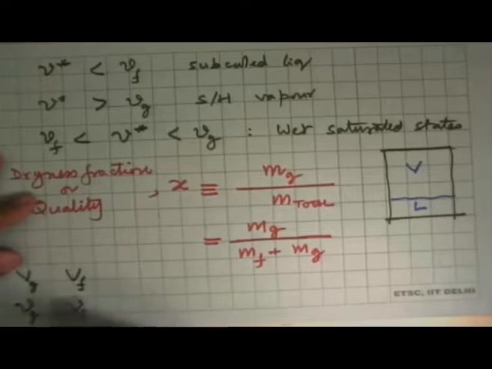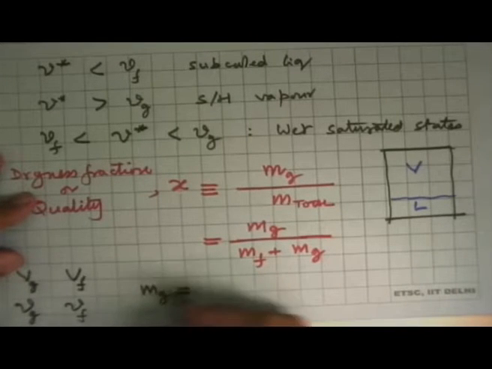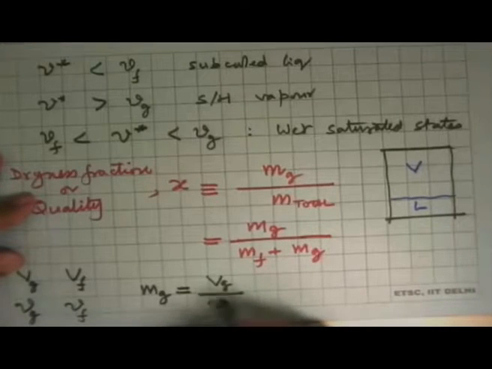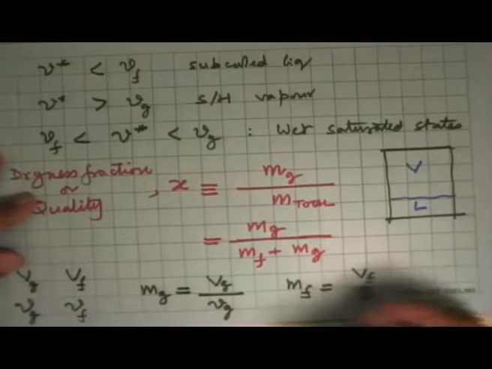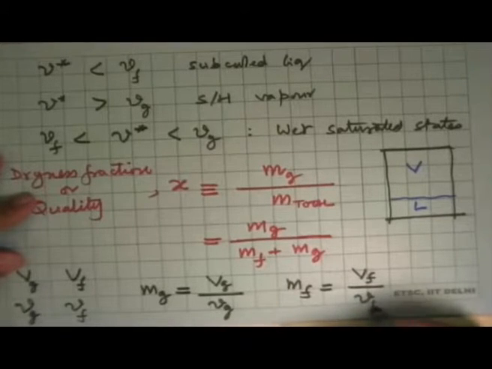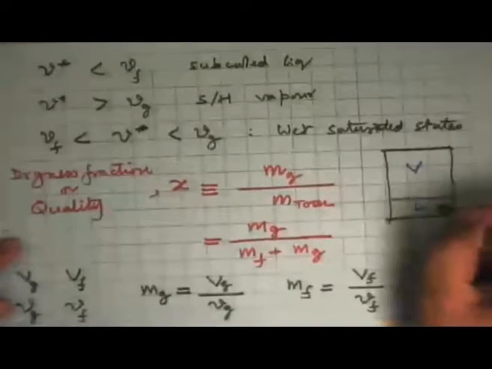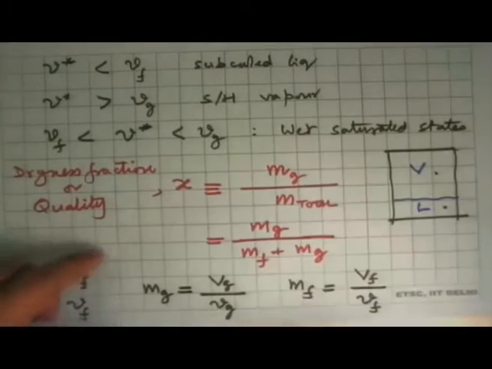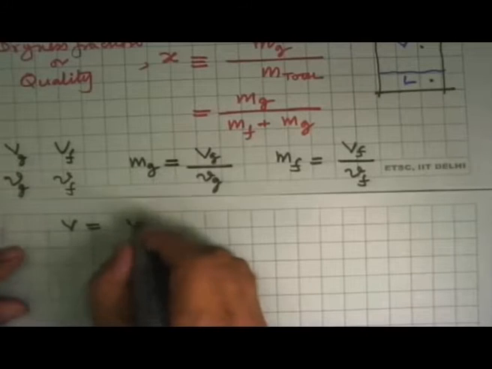By definition, we know that mg is the volume of the gas divided by the specific volume of the gas. mf similarly is Vf upon the specific volume of the liquid. So remember that we are just looking at two things here. This is saturated liquid, saturated vapor. They are in thermodynamic equilibrium.